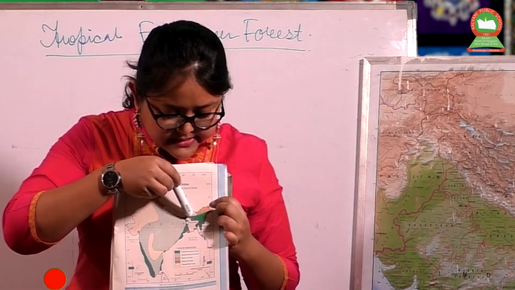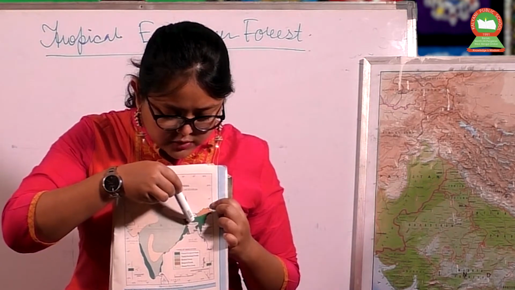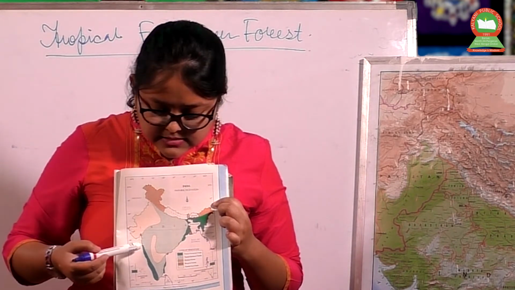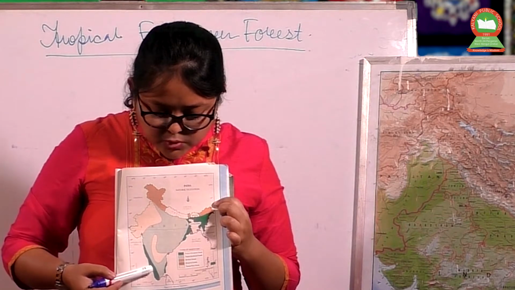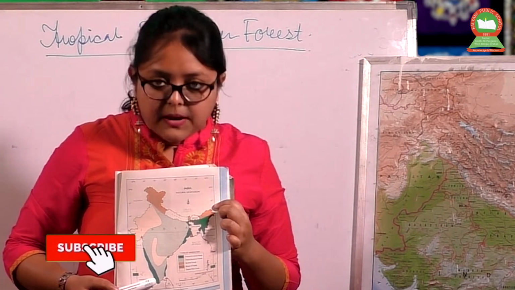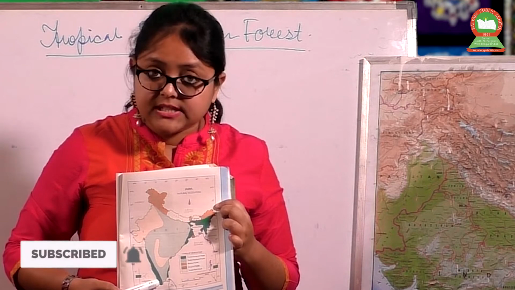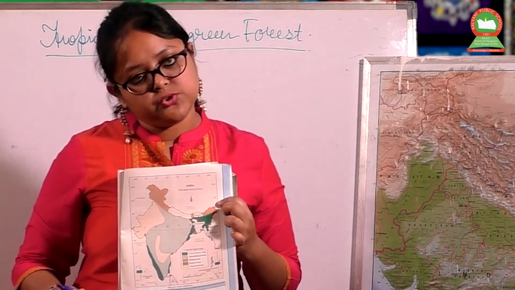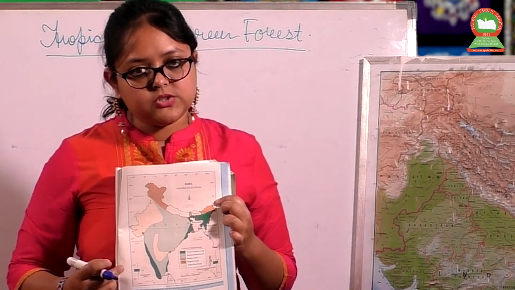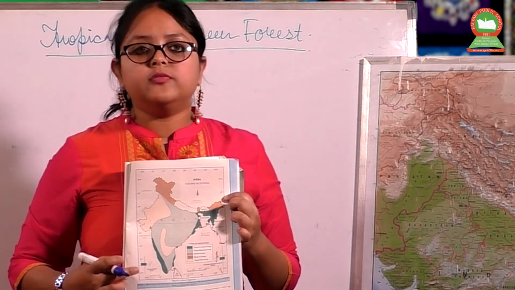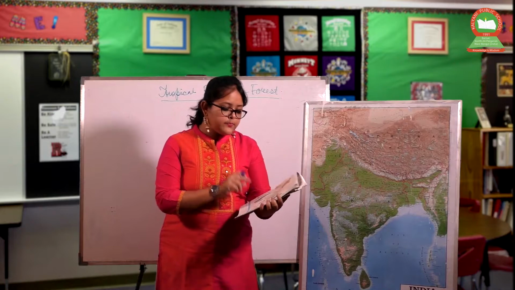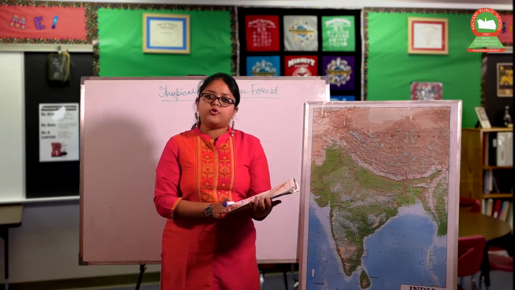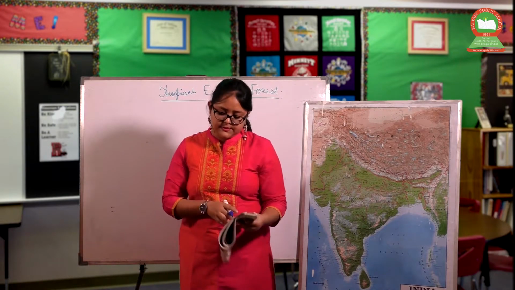This region consists of the eastern part of India and a portion of the western part of India, the western coastal plain, and a very little portion of the eastern coastal plain. In these places, we will find this natural vegetation, the tropical evergreen forest.